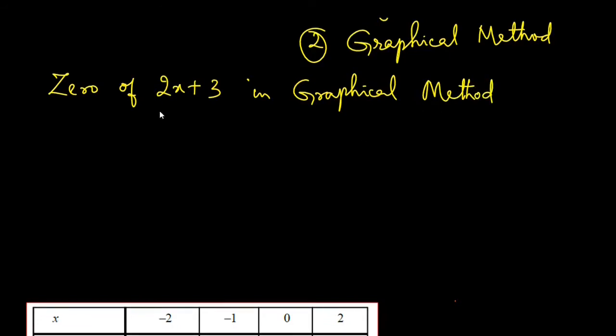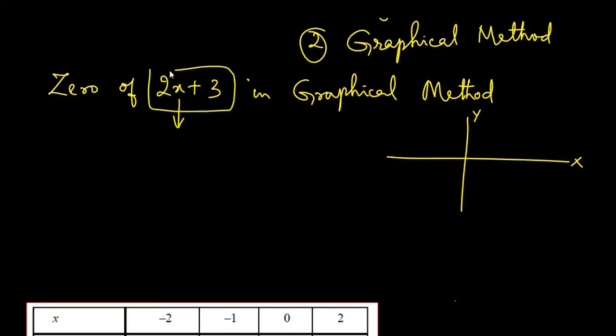In order to draw the polynomial 2x plus 3 in a graph, we need two quantities. There are two axes in graph, x-axis and y-axis. To plot the graph, we need two values. As the x values are changing, the value of the polynomial is also changing.